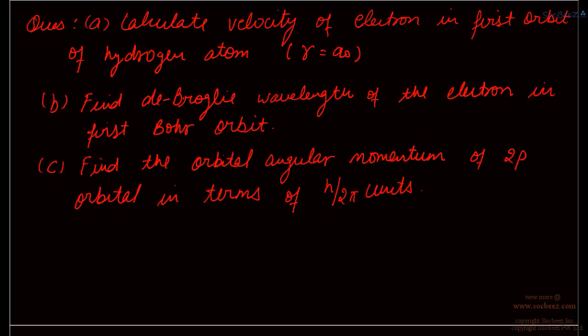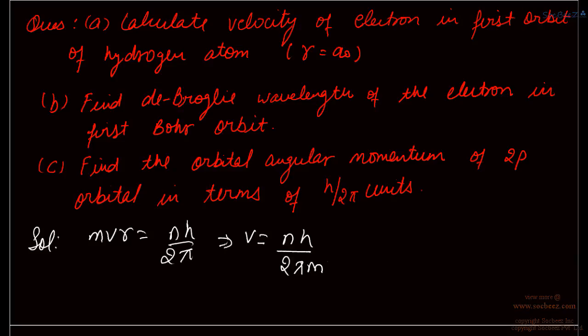Okay, so let's discuss another question. It has got three parts. In the first part it says calculate velocity of electron in first orbit of hydrogen atom. If we apply the Bohr model, we know that mvr equals nh upon 2 pi. So from here we get the value of v as nh upon 2 pi m into r.